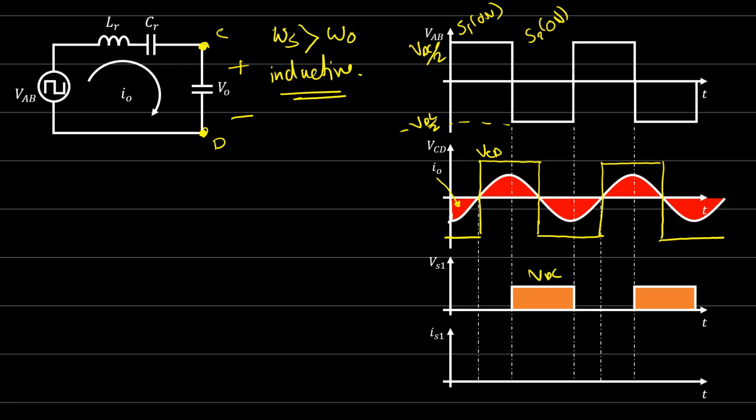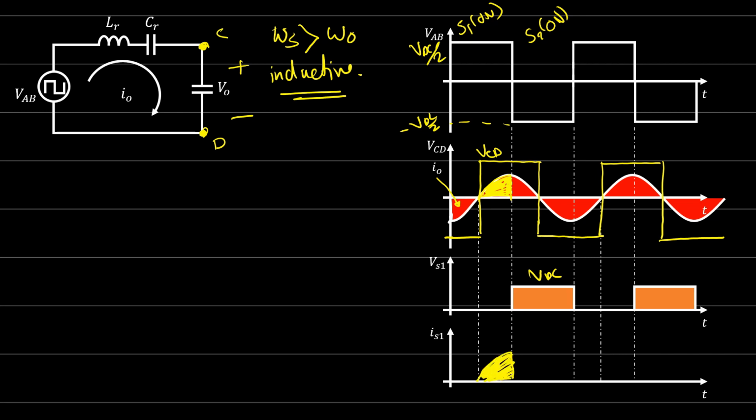Now let's find the current in this case. When the switch is conducting, there is some current flowing within the transistor, and this current is equal to this portion, because at this point switch 1 is on.